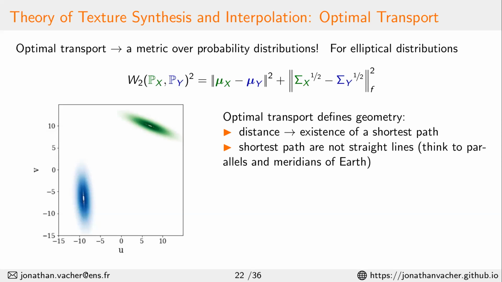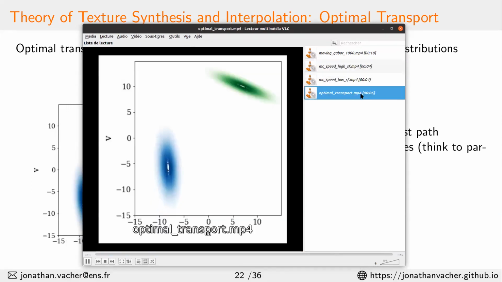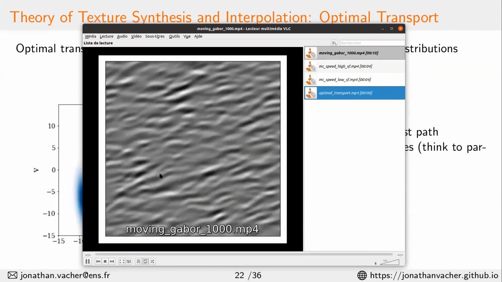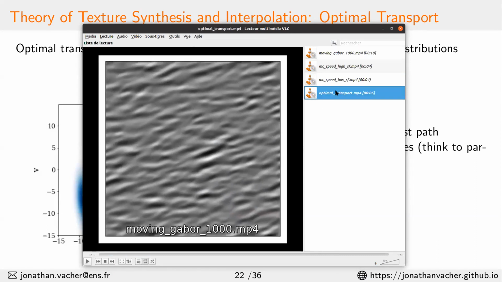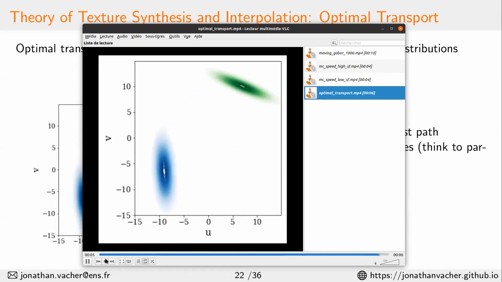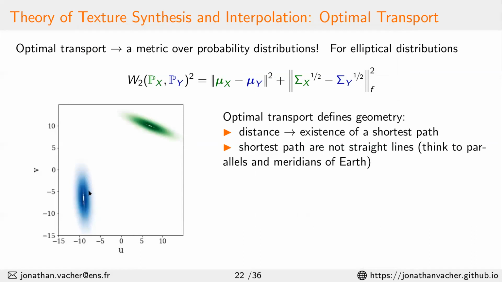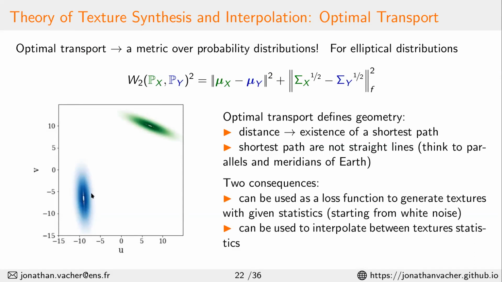And so here's an example of what is happening when you move a Gaussian towards another one, right? So it means you know perfectly how to move between one density to another one. And so if your textures are characterized by densities, then you can interpolate between textures.